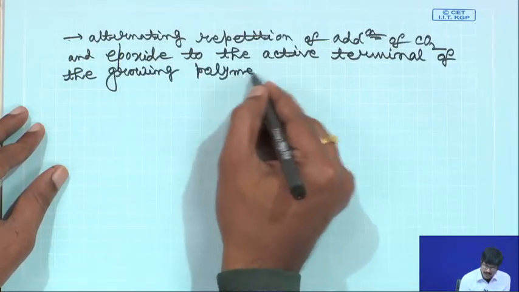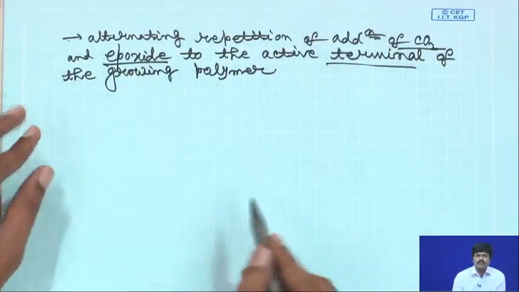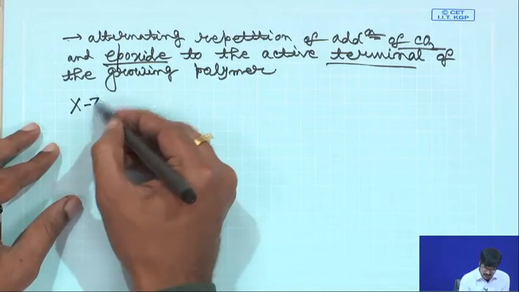So, the growing polymer has an active terminal, to which alternatingly the carbon dioxide and epoxide are adding. So, a typical process will look like that.